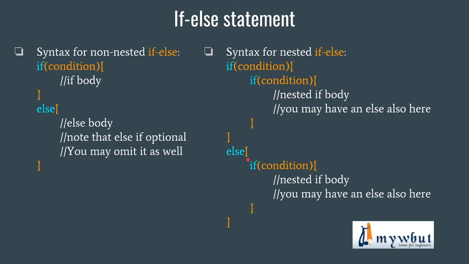Similarly, inside the else also you can have an if-else statement, and this nesting can be done to any level. But obviously it is not at all meaningful if you have, say, hundreds of if-else blocks inside one if-else block. It does not do any good to the program, it just complicates it.